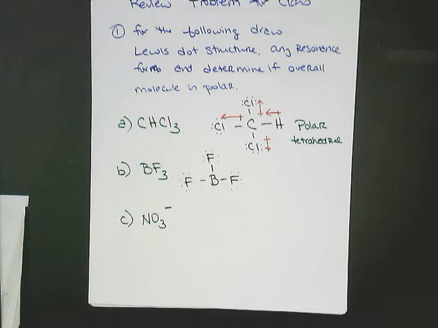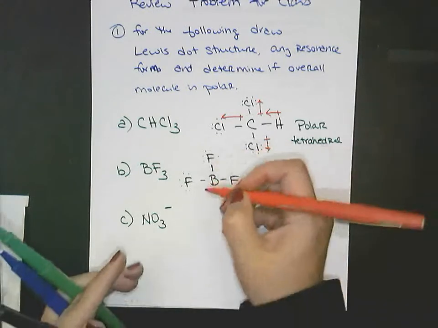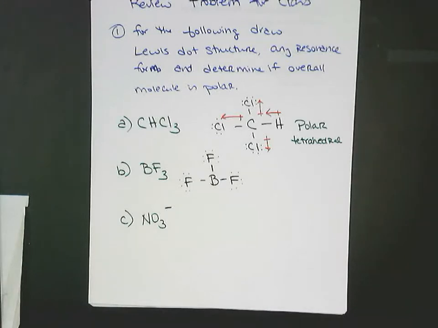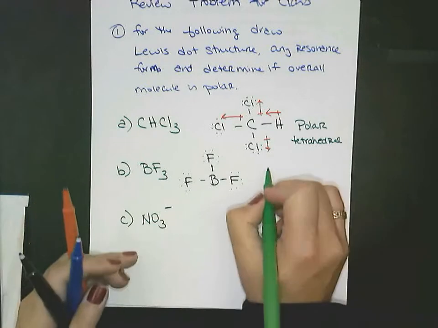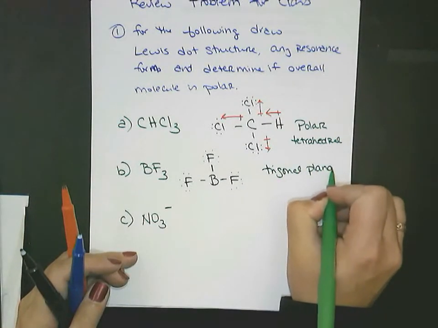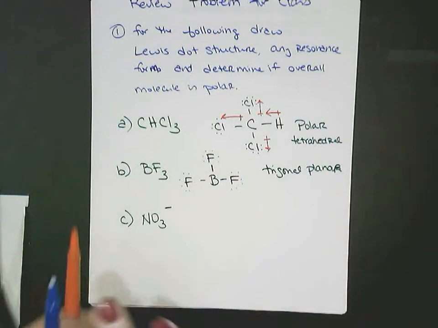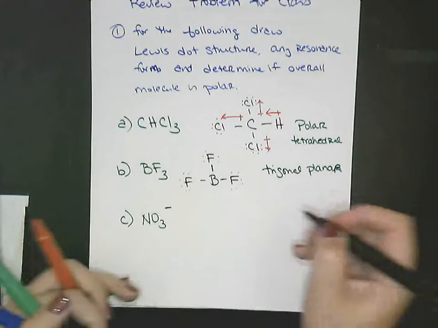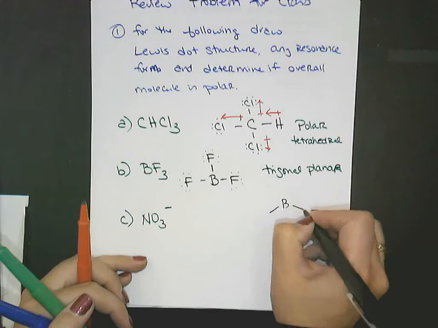All right, is this molecule polar? It is not polar. Have I drawn it in its correct three-dimensional shape? That's the issue. So what shape should this be in terms of VSEPR? Trigonal planar, right? So in reality, it should look more like this.